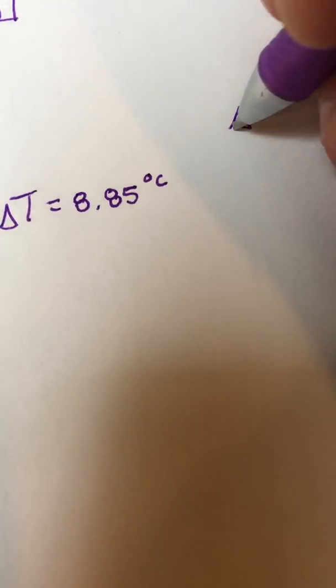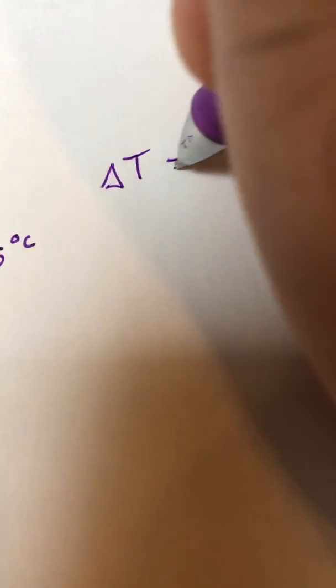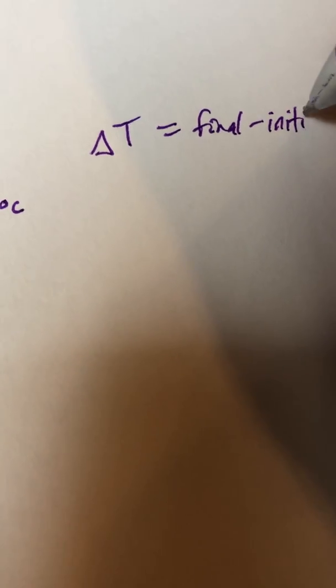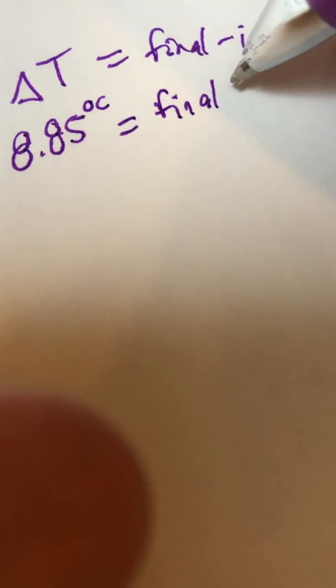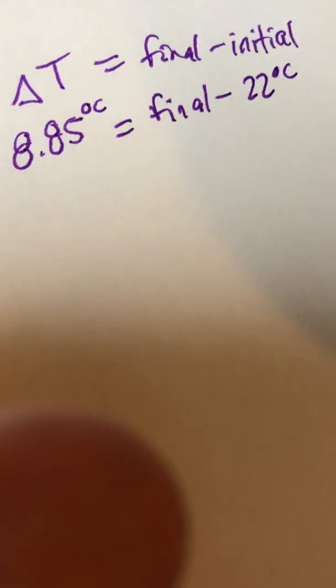Our formula for change in temperature is change equals final minus initial. Now that we found the change and we were given the initial, we can plug and find final. So our change in temperature of 8.85 degrees Celsius equals final, which we don't know yet, that's what we have to solve for, minus our initial, 22 degrees Celsius.